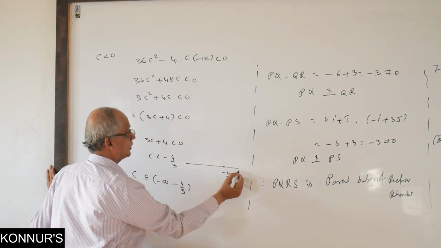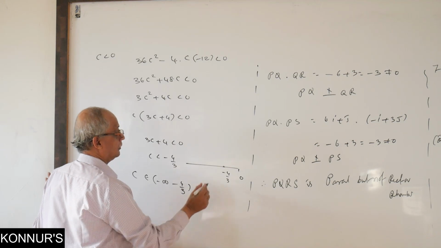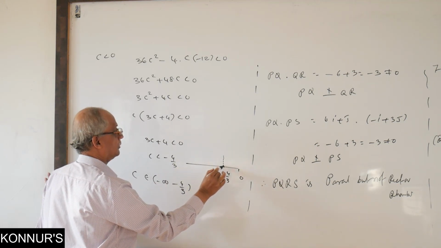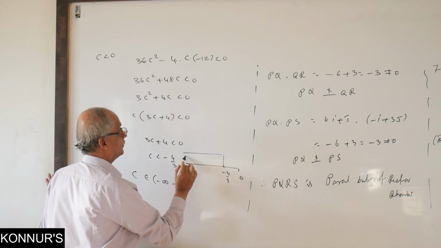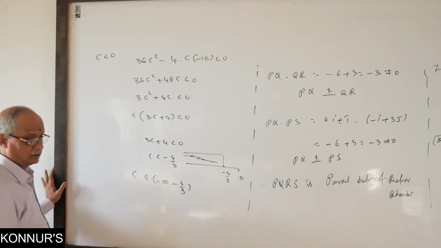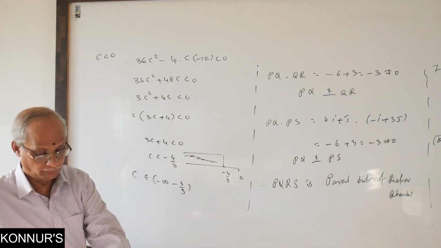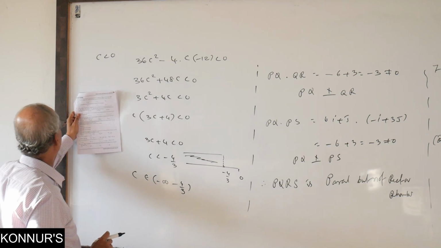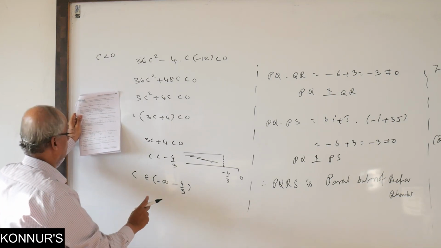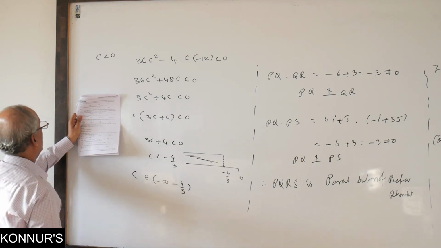This is minus 4 by 3, origin here. Before minus 4 by 3, but not including, so excluding. This is our solution set. Like that many values are possible. Hence, where is the interval notation here? Second option.